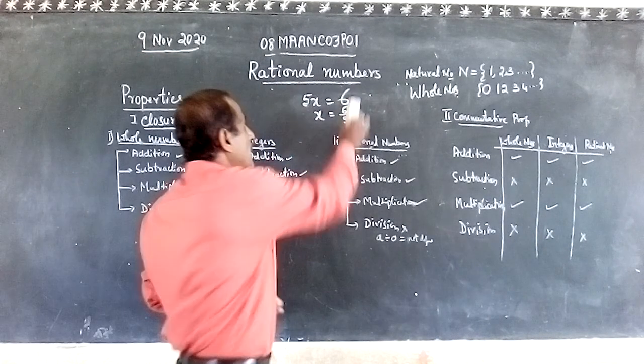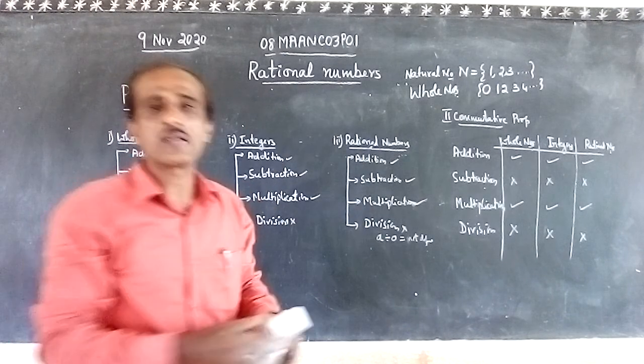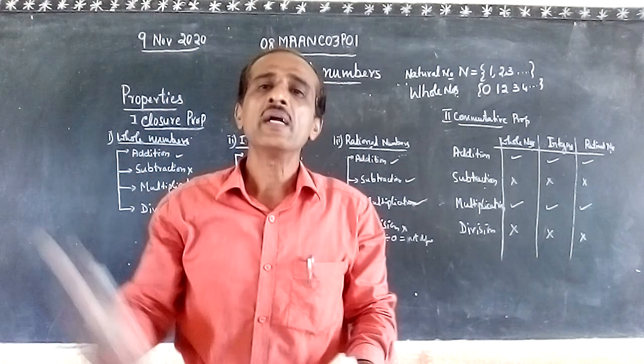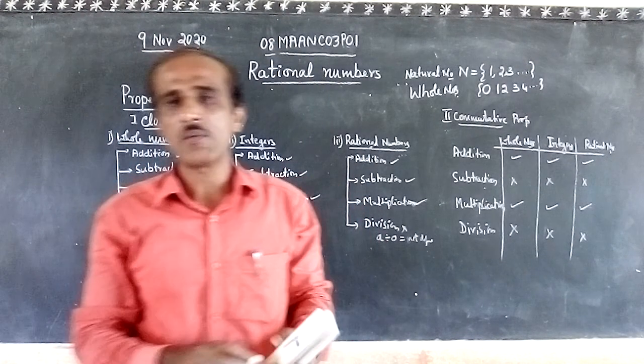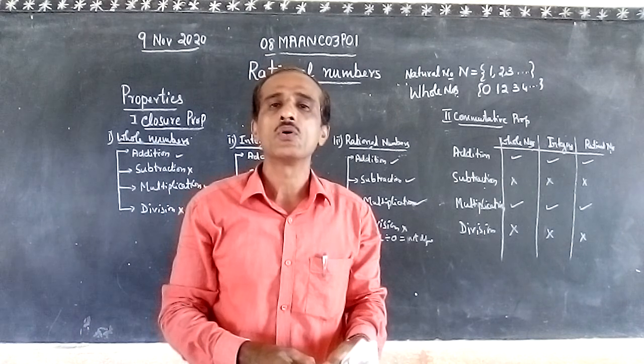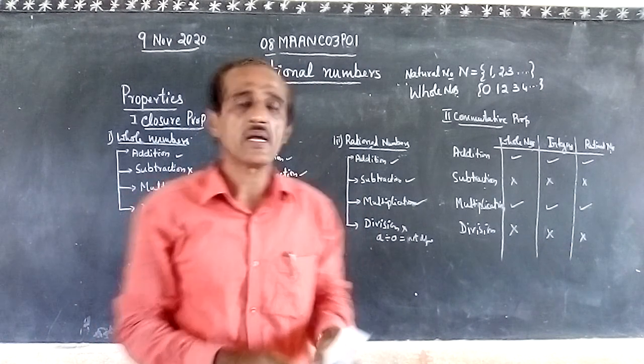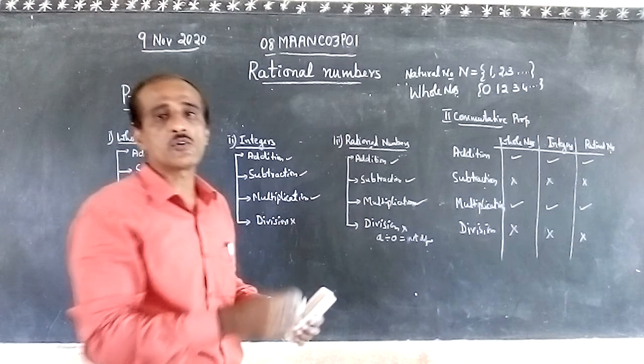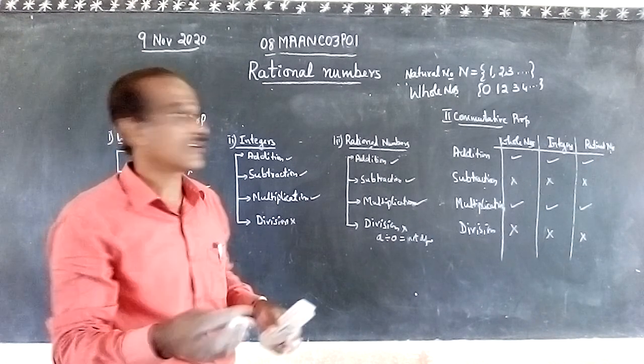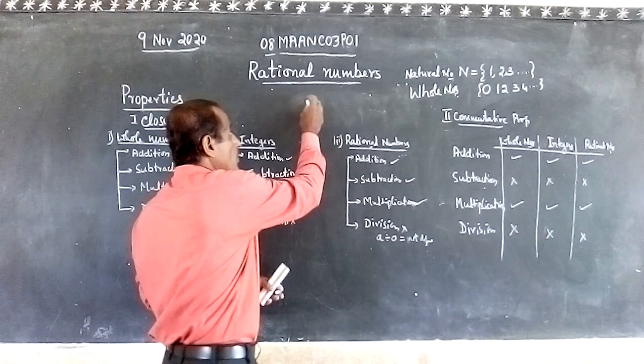So what do you mean by rational number? A number which can be represented in the form of P by Q is called a rational number, and it may be positive or negative. Understood? Positive or negative.